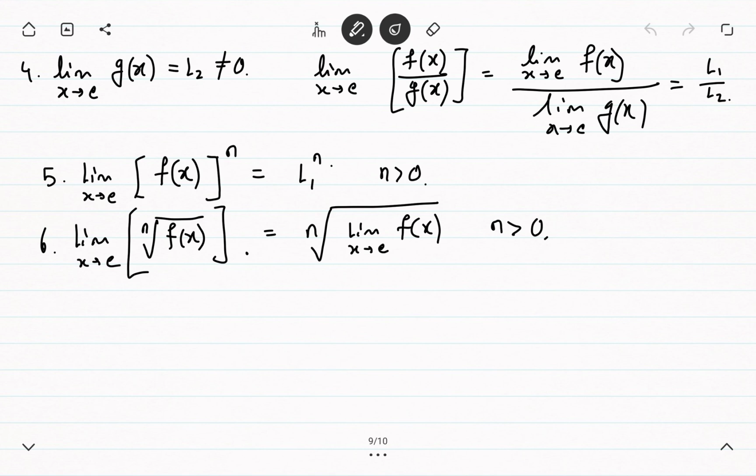So we have defined an intuitive approach of limit. We have even defined the formal definition of limit, that is the epsilon delta approach.